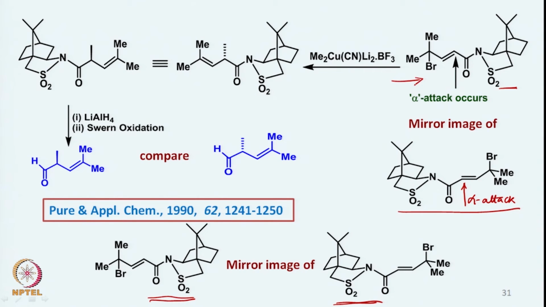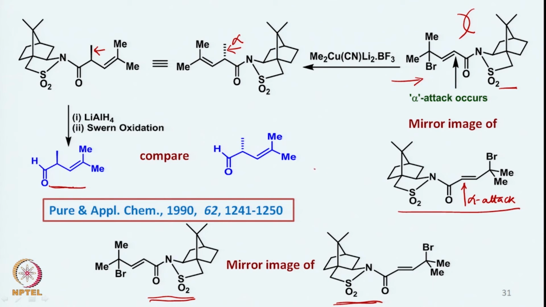So, if we take its mirror image, even then again the alpha attack will take place, because alpha attack is more preferable, because this side attack is sterically blocked, and therefore again alpha attack will give this methyl group to be formed from the alpha side, but then if we just turn it around 180 degrees, then of course this becomes beta oriented, which upon reduction and oxidation will give a product like this.